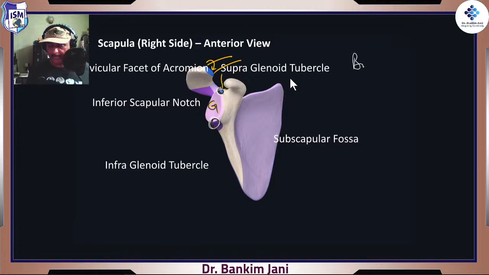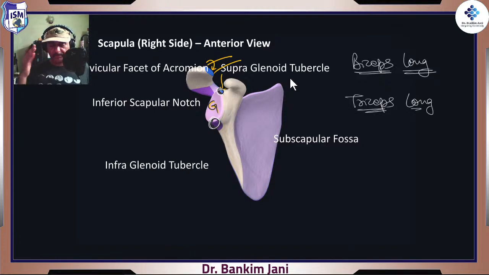On the supraglenoid it is the long head of biceps, and on the infraglenoid the long head of triceps. They are called long heads because they have to travel all the way to reach just inside this capsule and then make a connection. So this is biceps, triceps, supraglenoid and infraglenoid.